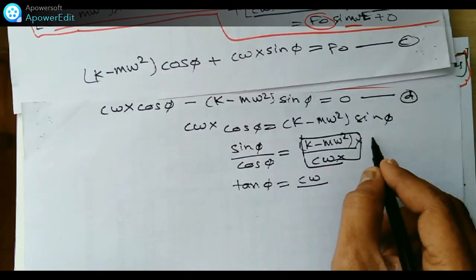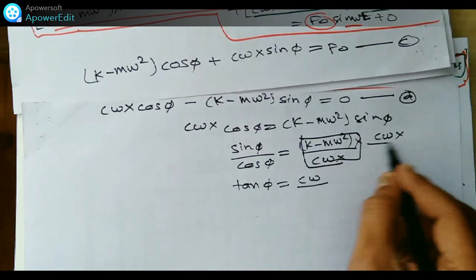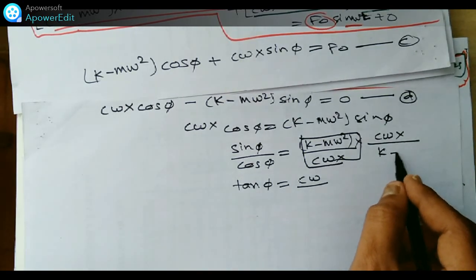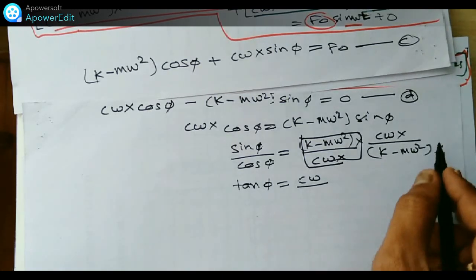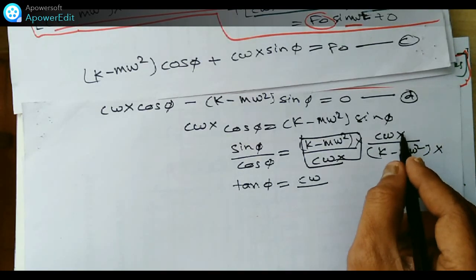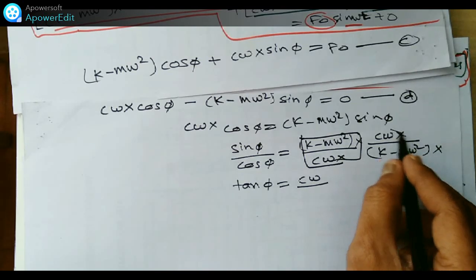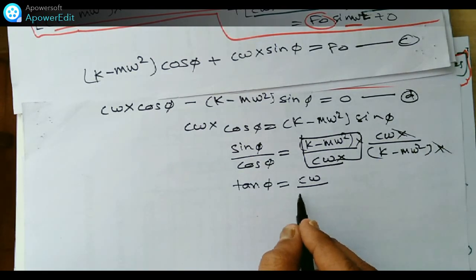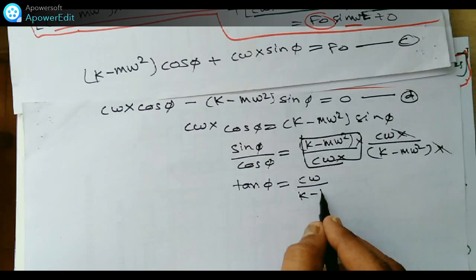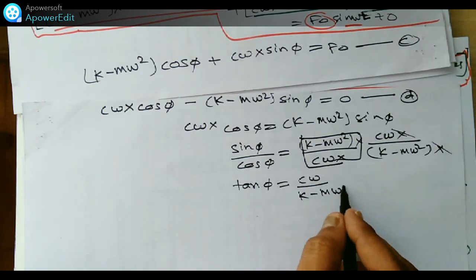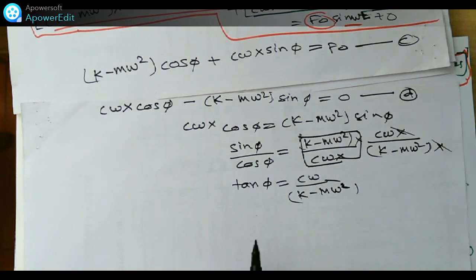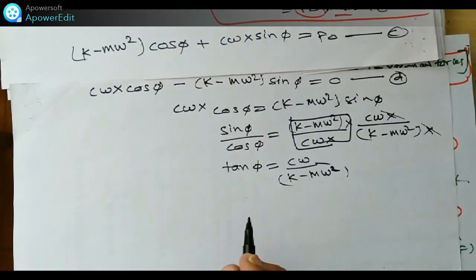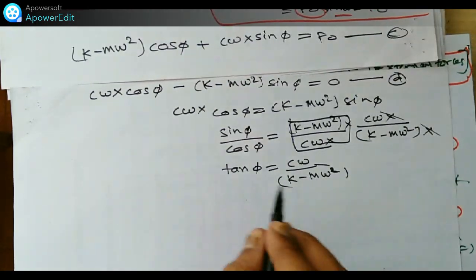So x will get cancelled here, and remaining is c omega upon k minus m omega square, that is tan of phi, or you can write phi is equal to tan inverse of this.